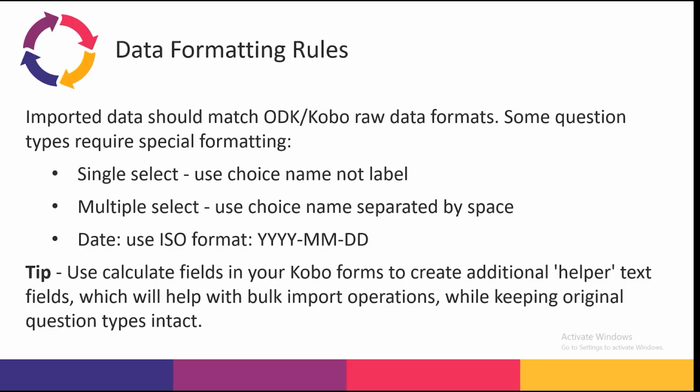Let's say it's age of participants. Then you might want to create a calculate field, which essentially just copies that over. And in that calculate field, you can edit, and the edit can be almost anything you want within a calculate field. So it's much easier to do bulk import and edit operations when you have calculate fields.